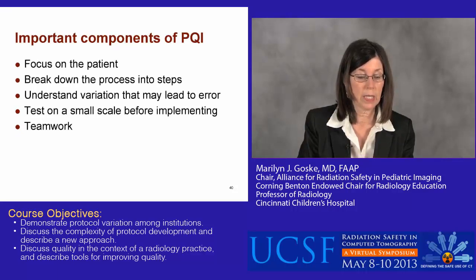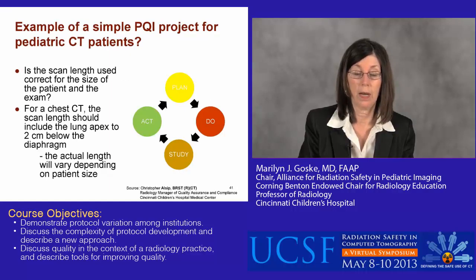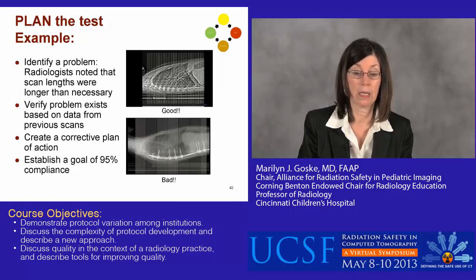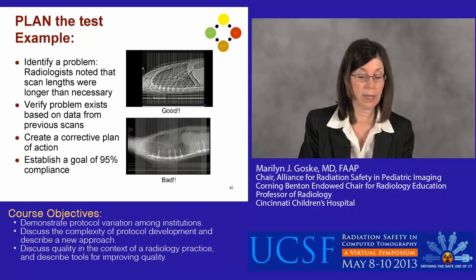So here's an example. We had at our institution, some of the radiologists noted that the scan length was longer and varied from patient to patient. So Chris Alsip, our Chief CT technologist and quality improvement manager, decided that he would look into this. So he planned for the test by going back and seeing the difference among different technologists as to a good scan length or a longer scan length.